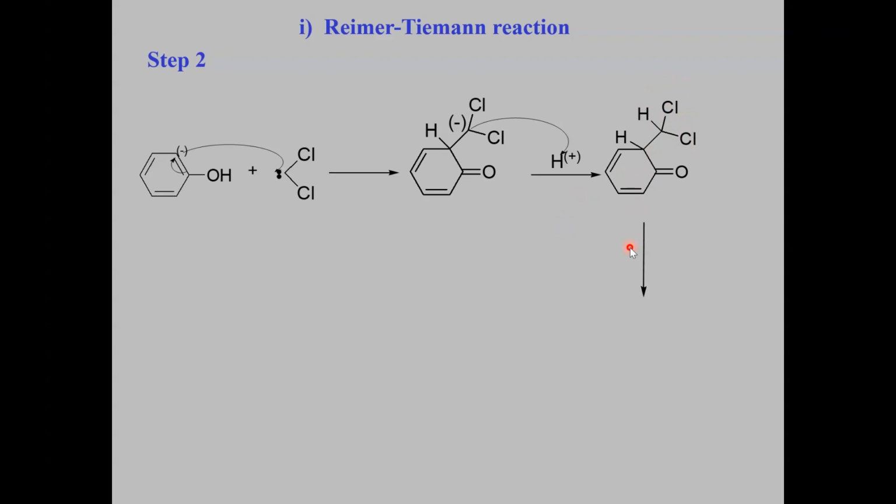Then this compound undergoes hydrolysis. OH minus attacks this positive center. This is a positive center because it has two electron withdrawing groups attached to it. OH minus attacks over it.